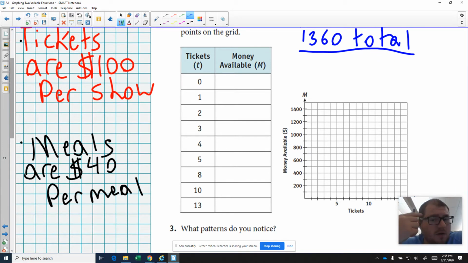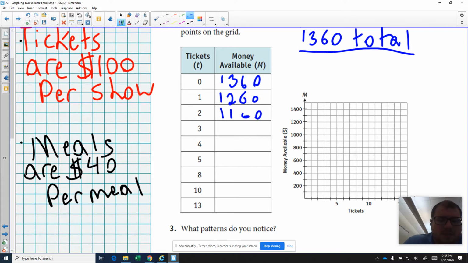Okay? So the first idea of this chart is just to understand how much does each ticket affect my total amount of money. Well, if I go buy 0 tickets, I still have my $1,360. If I buy 1 ticket, all I have to do is take $100 away, and I'm left with $1,260. This pattern will just continue down the line.